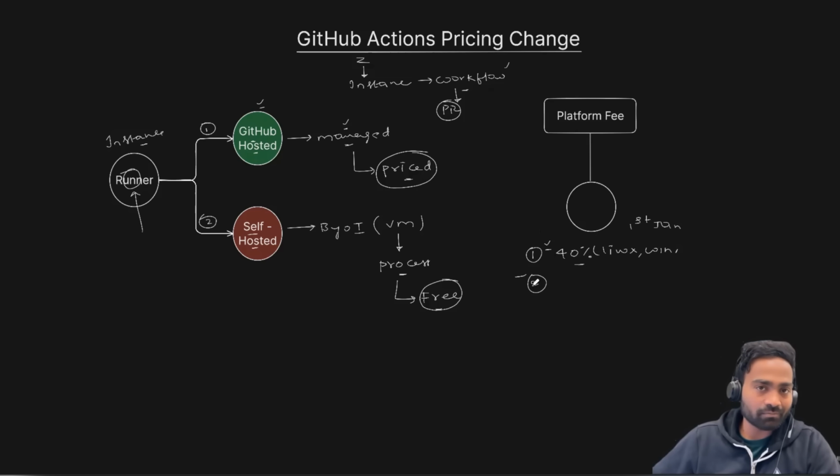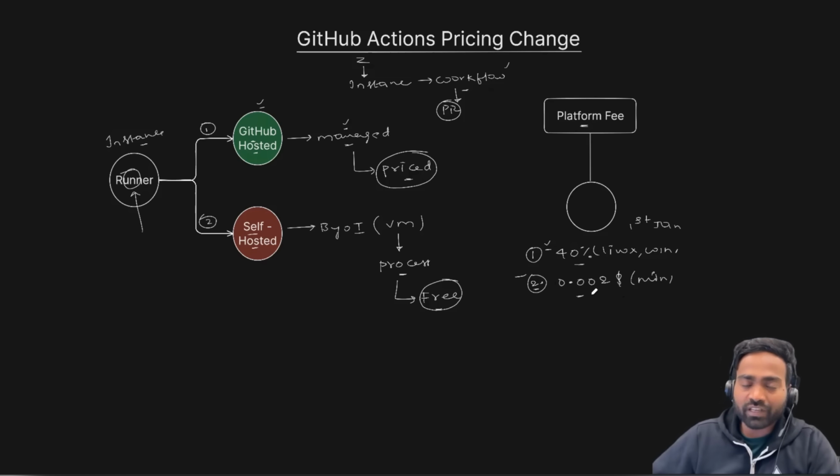Now, second thing, now this is where people have a lot of opinions on the internet. So the second thing is that GitHub is introducing a platform fee of 0.002 US dollars for every minute of execution.